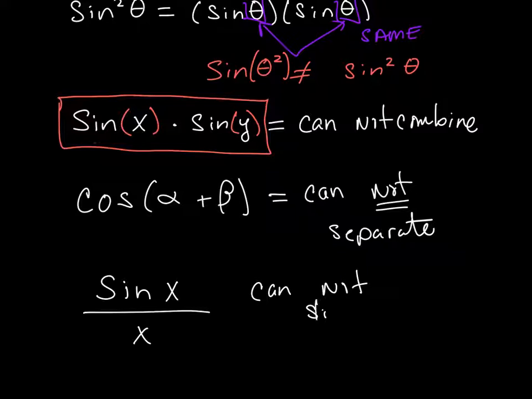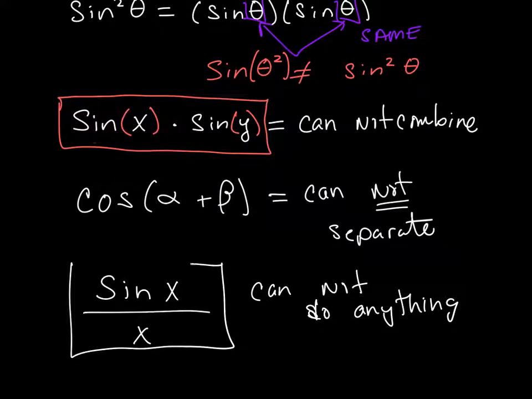You cannot do anything with this. It has to say sine of x over sine of x. Remember, sine of x is an entire piece. Think about this somewhat similar to if you had x plus 1 over x, where that x plus 1 is in parentheses and you can't cancel. Same idea with this one here.